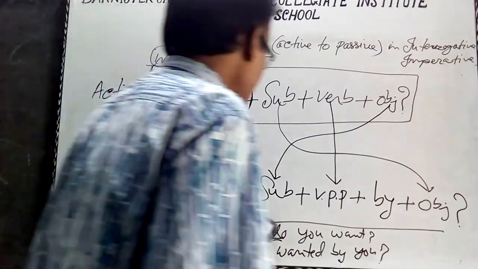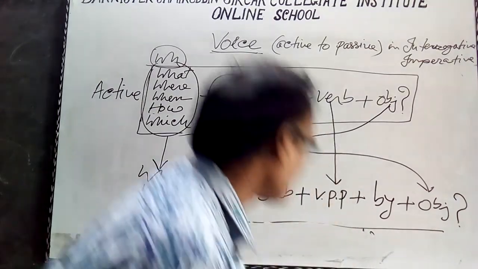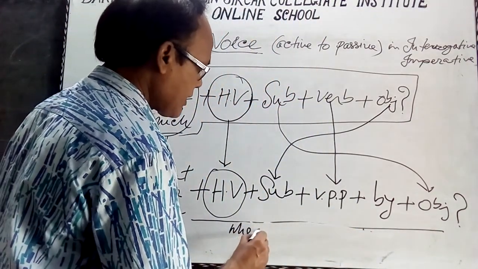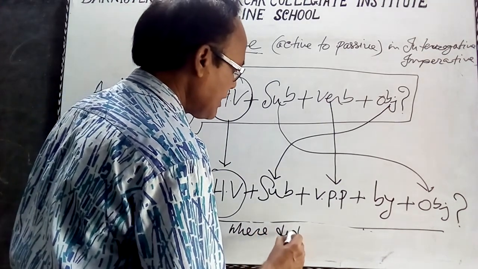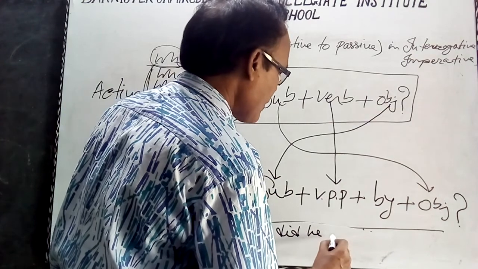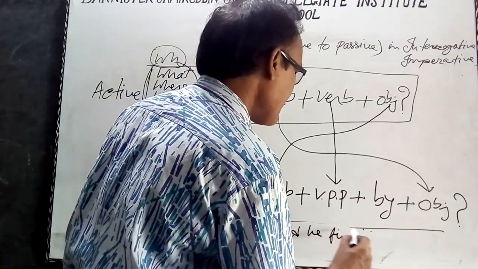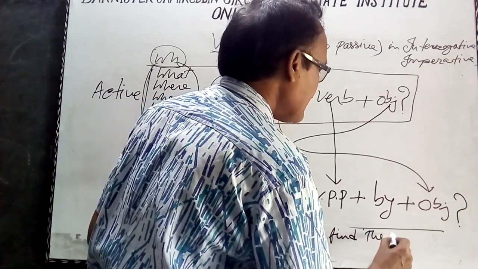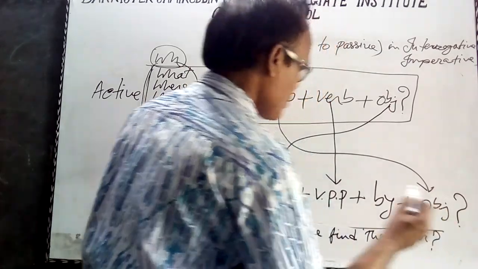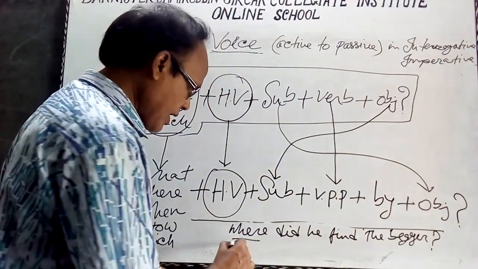Another example we can see. Where did he find the beggar? Here the sentence begins with where, so we must begin with where.